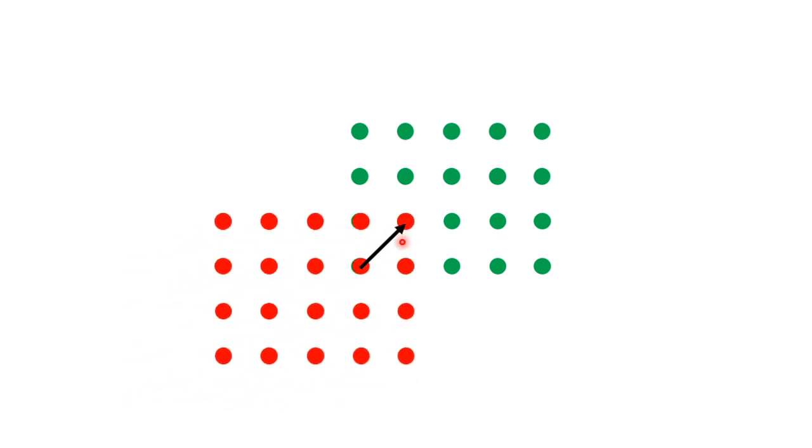Now, let's check this coincidence along the diagonal vector, which is shown in black color. If I go along the black lattice translation, I again witness the coincidence between the green and red lattice. So the given lattice is self-coincident with respect to many different lattice translations, and all of them are symmetry operations.